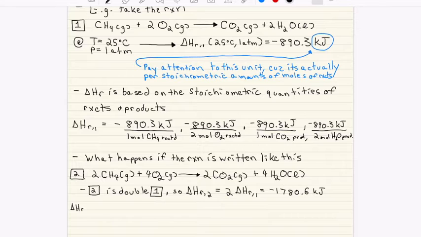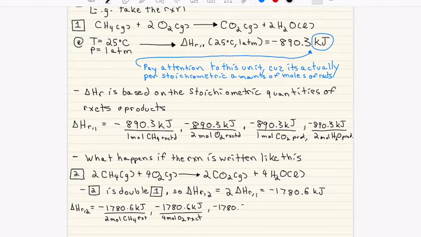And so the way to visualize it is that this much energy is released when 2 moles of methane react, or this much energy is released when 4 moles of oxygen react, or this much energy is released when 2 moles of CO2 are formed, and this much energy is released when 4 moles of water form.